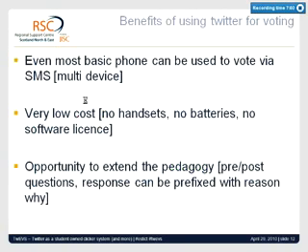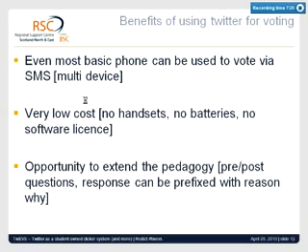So, benefits of using Twitter as a voting system. As I mentioned, even the most basic phones can be used, as the user can respond via SMS, so you don't need a shiny phone. As a slight aside, the University of Edinburgh did a survey of students very recently, and half of the students have smartphones, so don't think that they don't have some decent kit in their pocket. They do. Very low cost.